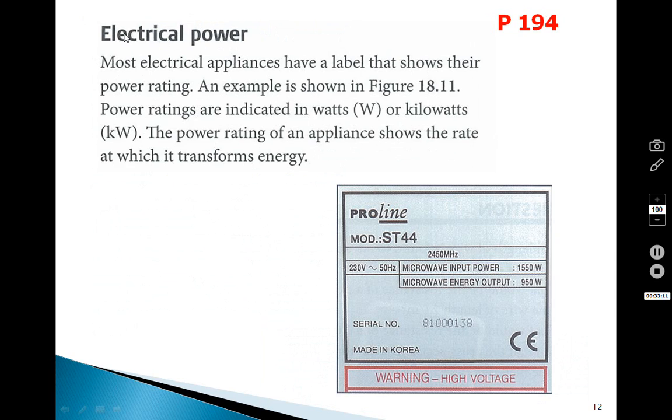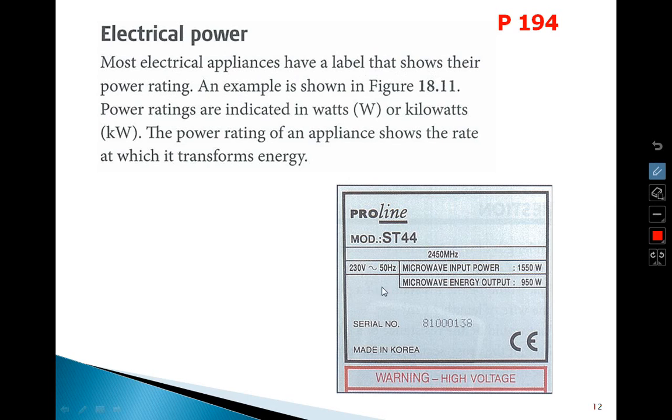Electrical power is another topic, on page 194. Most electrical appliances have a label that shows their power rating. For each one we have a label like this.